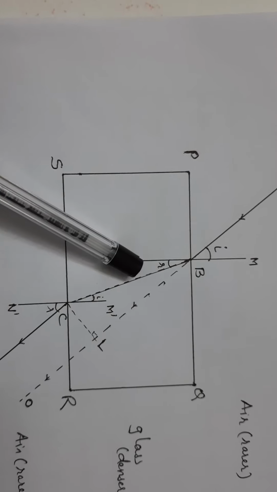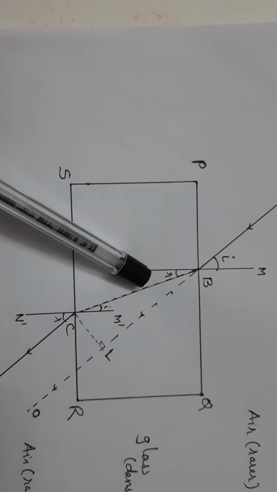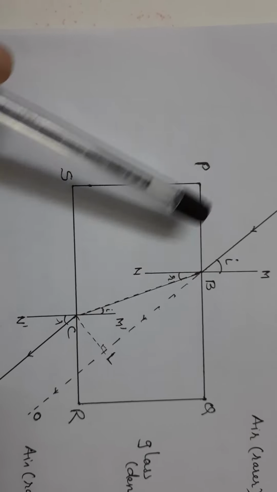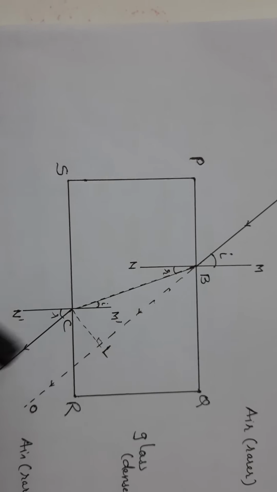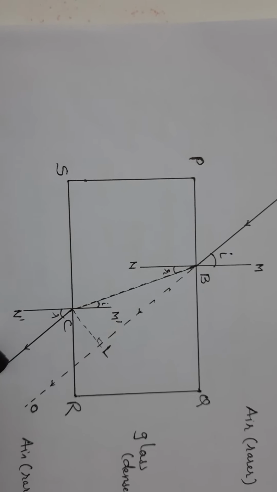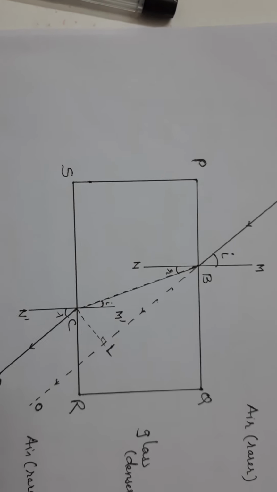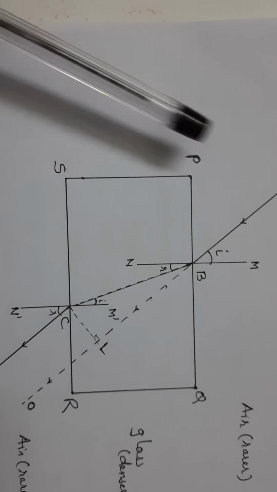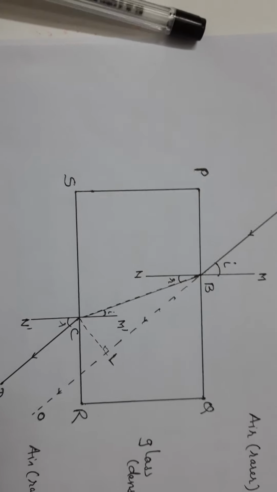We replace the rectangular glass slab back exactly as it was, PQRS. After that, looking from the other side of the glass slab, we affix two more pins, P3 and P4, such that P1, P2, P3 and P4 all appear to be in the same line. I have not drawn the pins over here.